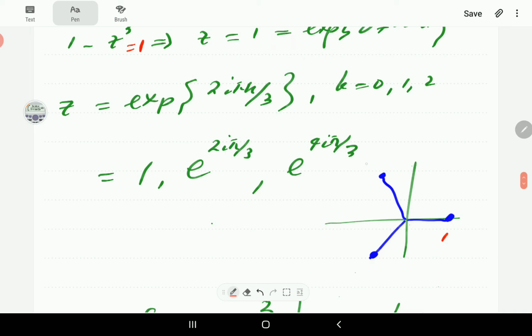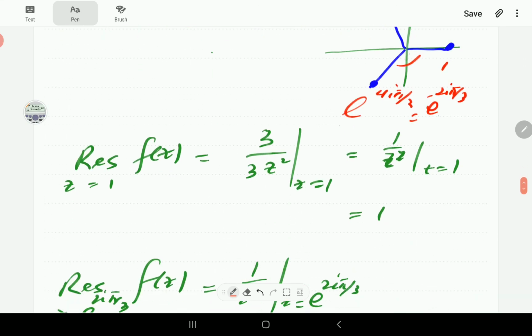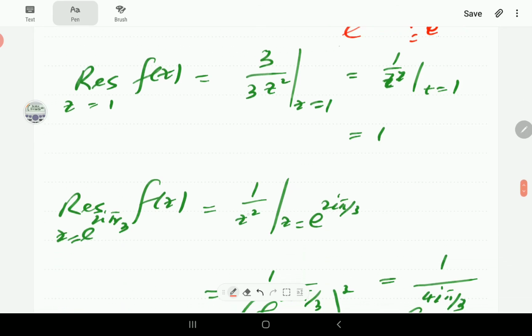So this is 1, this is e to the 2i pi on 3, and this is e to the 4i pi on 3. So notice, of course, that this one, if we like, we could write as minus 2i pi on 3. Then if we differentiate the denominator and plug in z equals 1, the first residue is equal to 1.